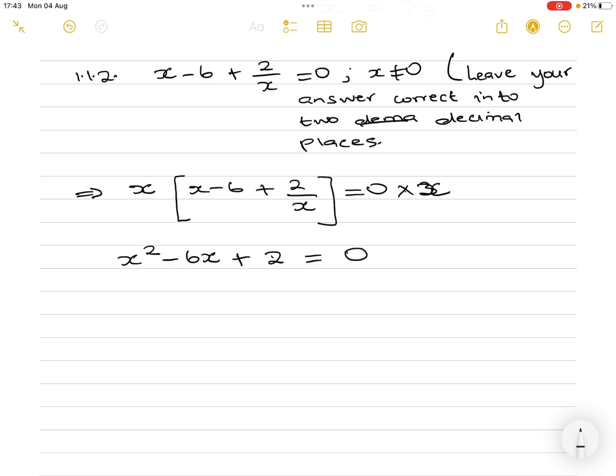Now I have a quadratic equation in standard form. So now I can label the value of a to be 1, the value of b is minus 6, and the value of c is equal to 2 in this case. So what is next?